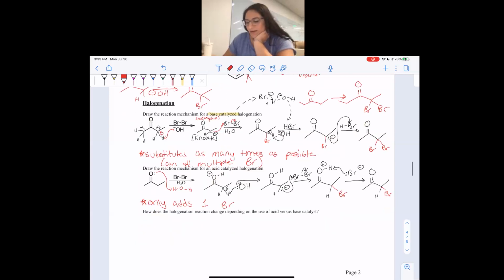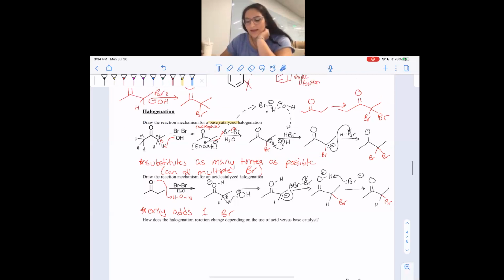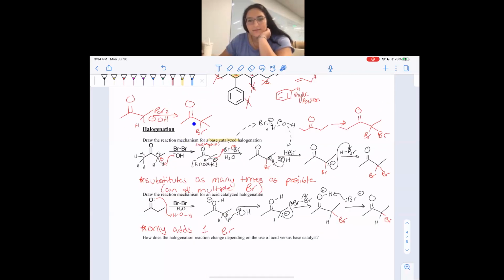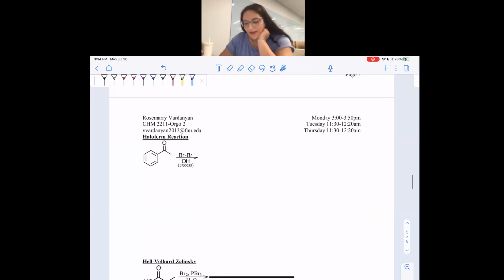So I want you to think, we did an example where they were exactly the same. We did an example where we had a secondary, and we had an example where we had a tertiary. What happens if we have only one side that has an alpha hydrogen?